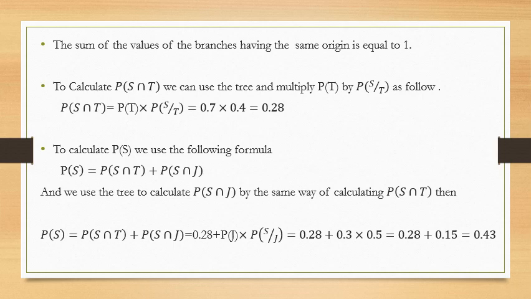To calculate probability of a small item, it can be a small item and a t-shirt or a small item and a jacket.